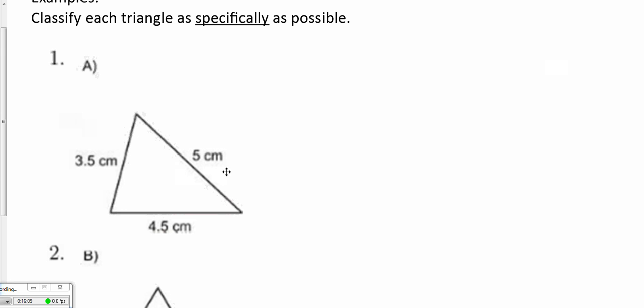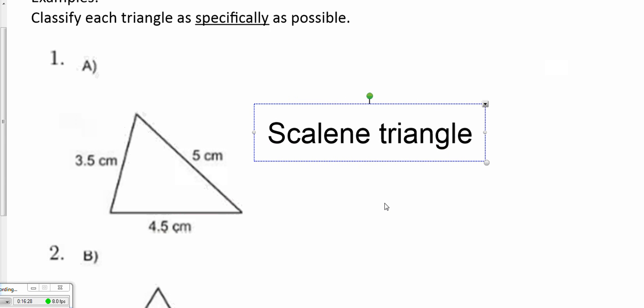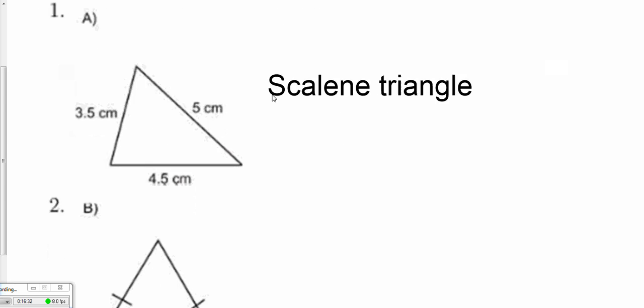So we can't really say anything about the angles. We can only talk about its sides, 3.5 centimeters, 5 centimeters, and 4.5 centimeters. Because we only know things about the sides, and none of the sides are the same, the only thing we can really say is that this is a scalene triangle. That's really all we know. The only thing we can do is scalene.